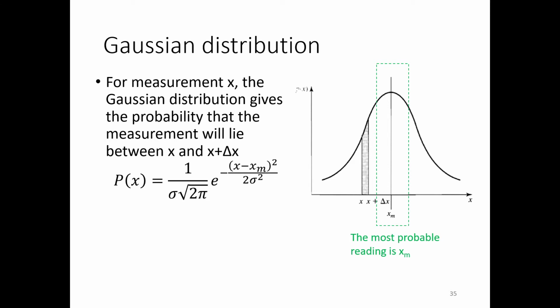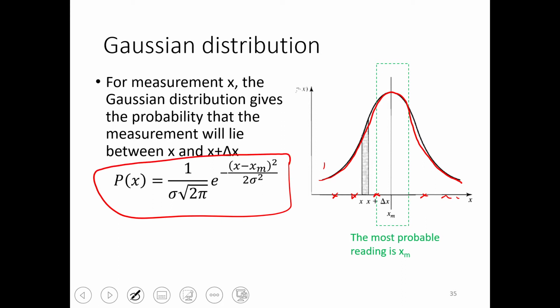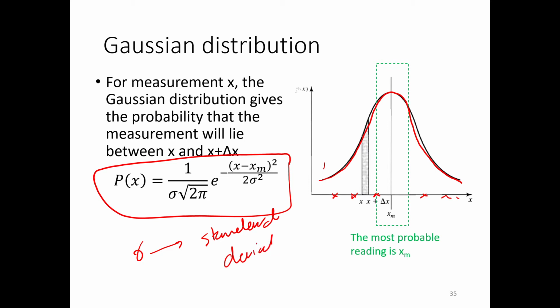And for the normal distribution, we can find the probability of each observation using the equation of this line, which is presented as P(x) = 1 over sigma square root of 2 pi, times e to the power of negative (x minus x_m) squared over 2 sigma squared. You have to keep in mind that sigma here is the standard deviation.